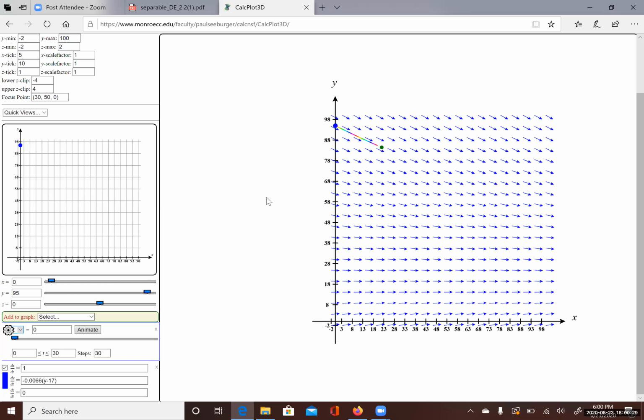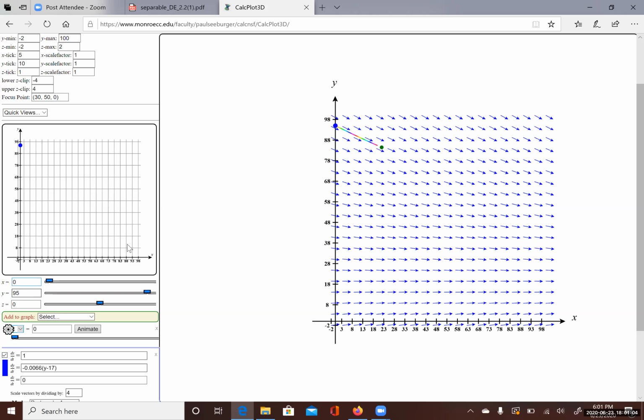So if you look at the direction field of the equation du over dt equals negative 0.0066 times u minus 17, you can see that the starting point, the initial point, is when t equals 0 and u equals 95. This is where I start, and this is my solution curve right here.